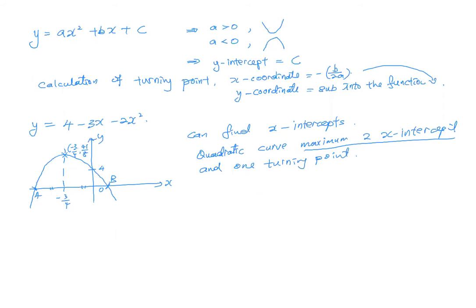Okay, so now how to find the x-intercept? Still remember from yesterday's lesson? I put y equal to 0. So if I talk about my general form, it will be 0 equal to ax squared plus bx plus c. Am I right?